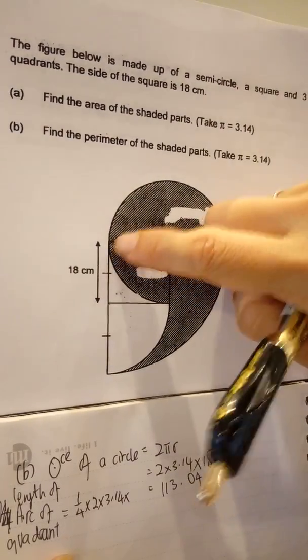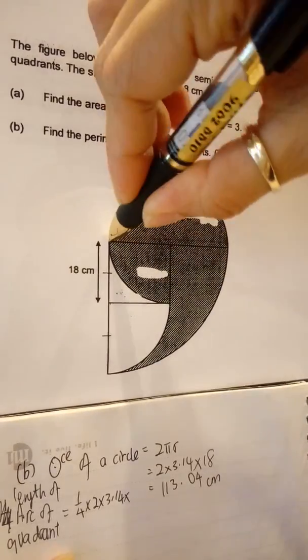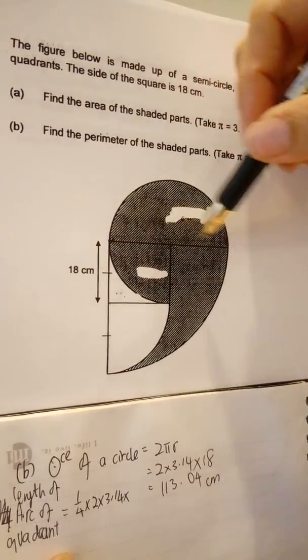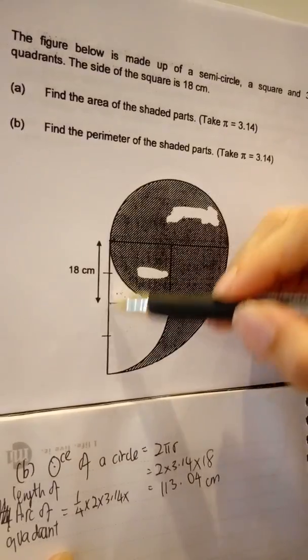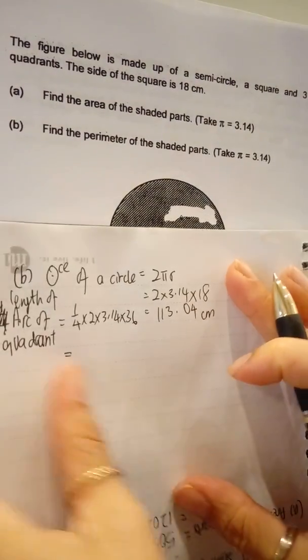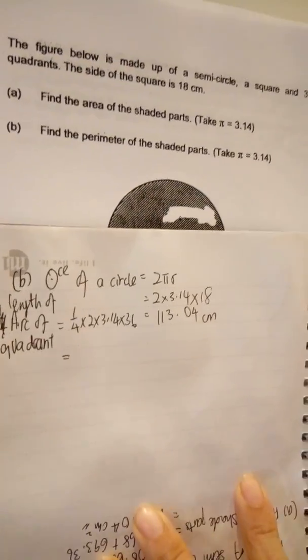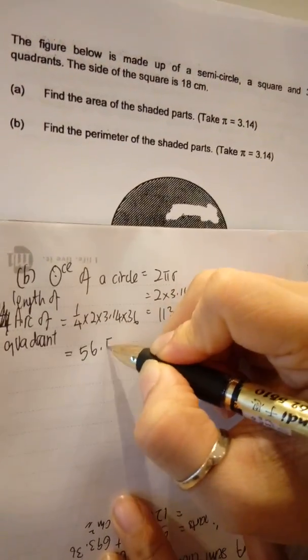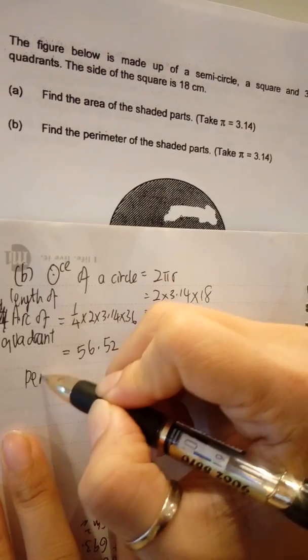What is the r here? This is the center of the circle for this big quadrant, so the r is 36. Now do the working. I get 56.52. So I answer the question.